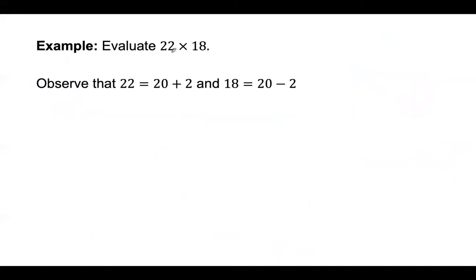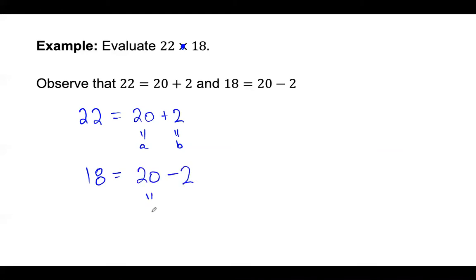Now let's evaluate 22 times 18 using these identities. You can say a multiplication like there. So we can rewrite this as 22 is equal to, well, it's equal to 20 plus 2, where this is our A and this is our B. And 18 is equal to 20 minus 2.